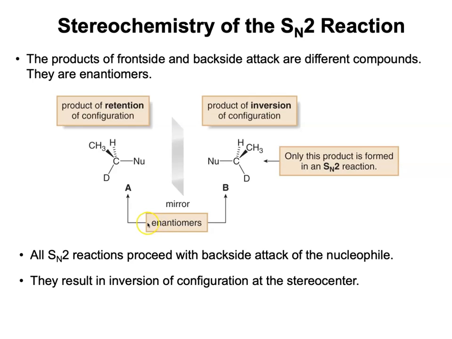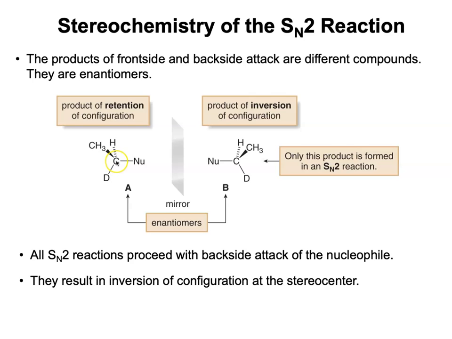And in this case, you can see that considering the two products that are possible in an SN2 reaction that involves a stereocenter, the two possible products would be enantiomers of one another. Because there are only two possibilities whenever you have a four atom chiral center, which is what chiral carbons are, it means that there are only two possibilities.